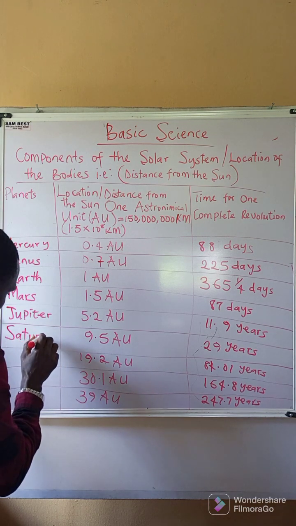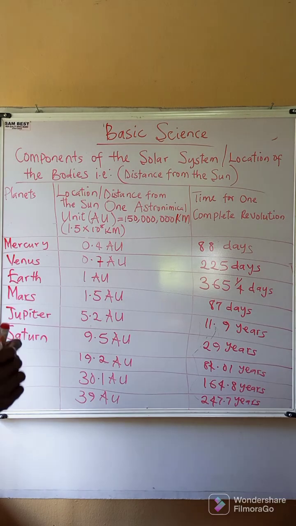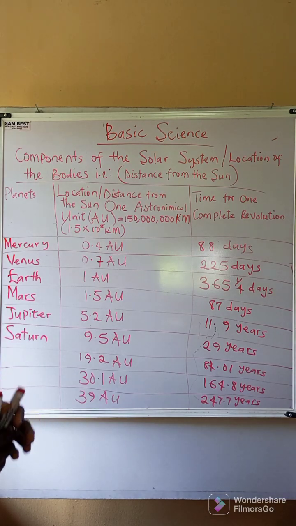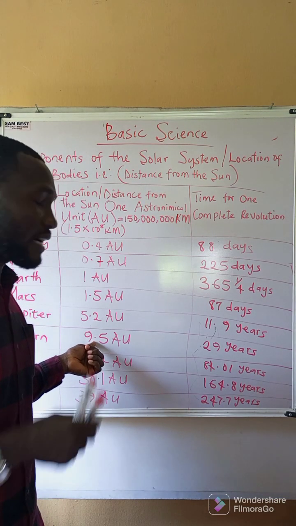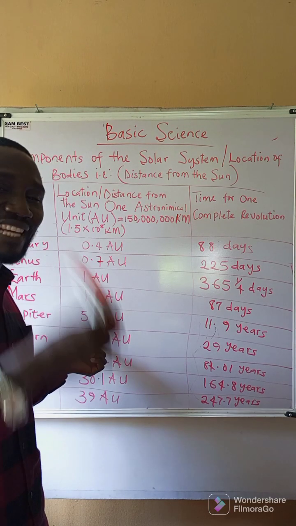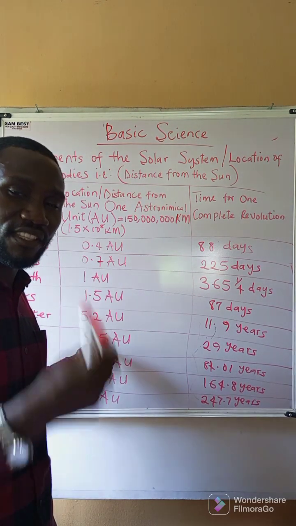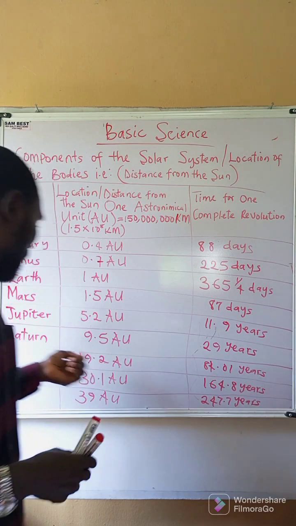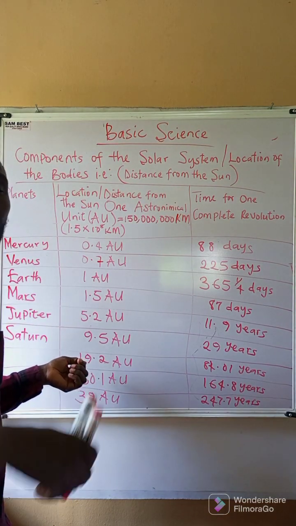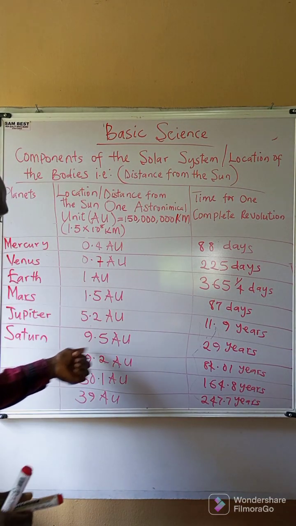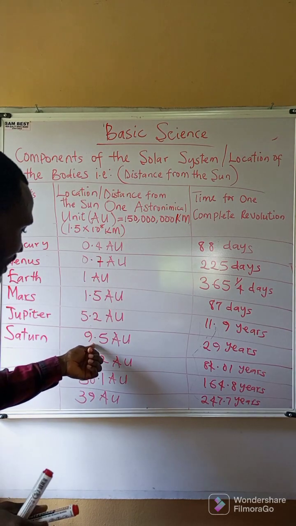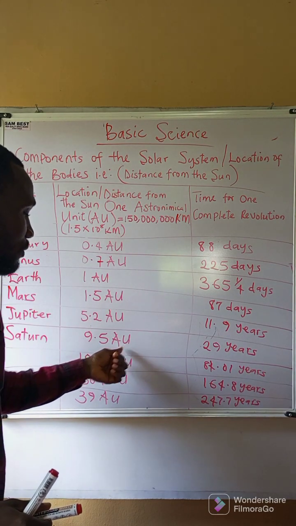Saturn. Okay, do you remember this? Its distance from the sun, and always remember the sun is the center of our solar system, so every other object orbits around it, don't forget. So its distance from the sun is 9.5 AU.